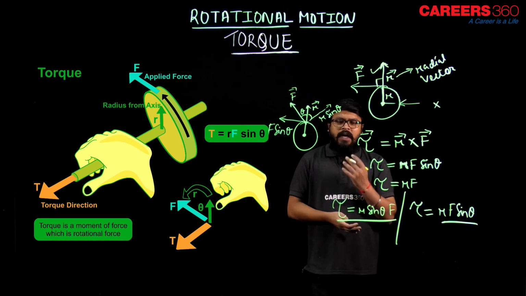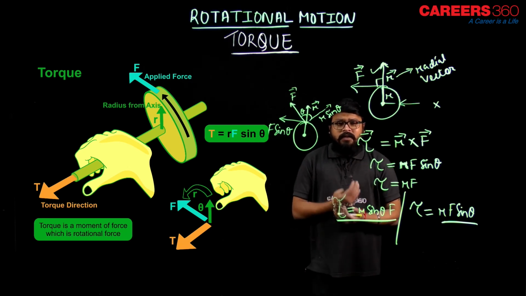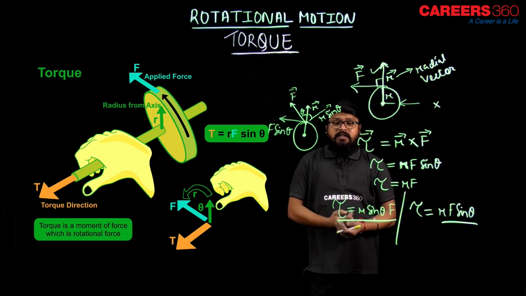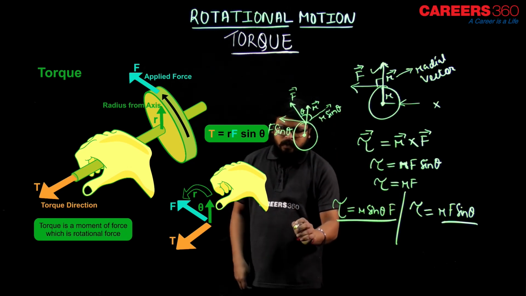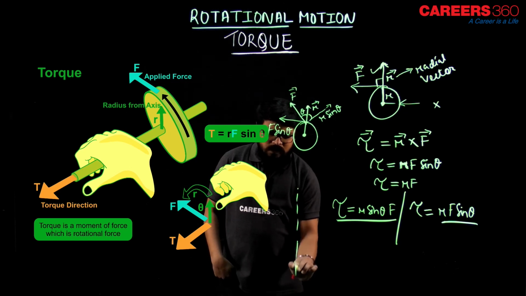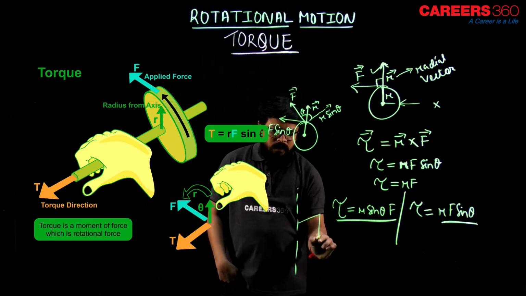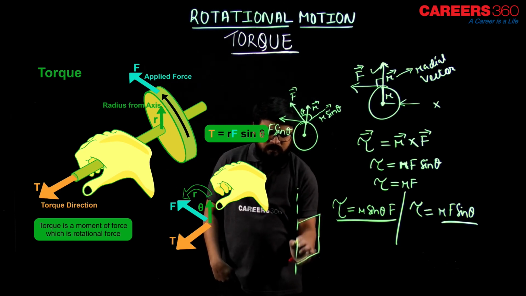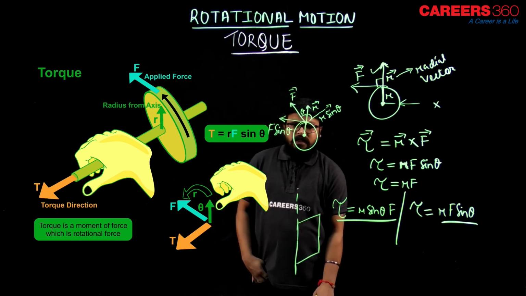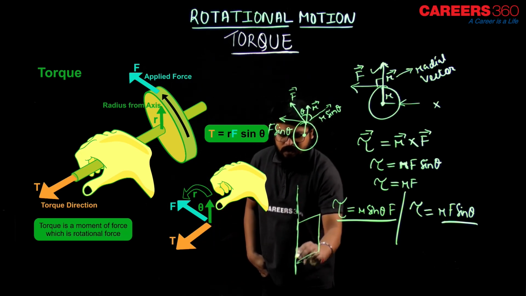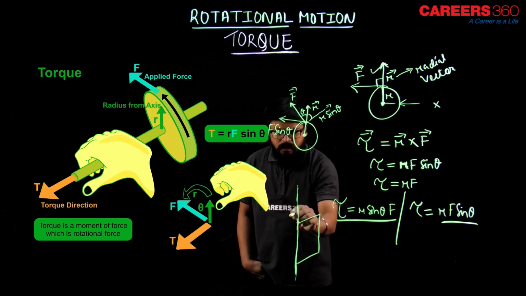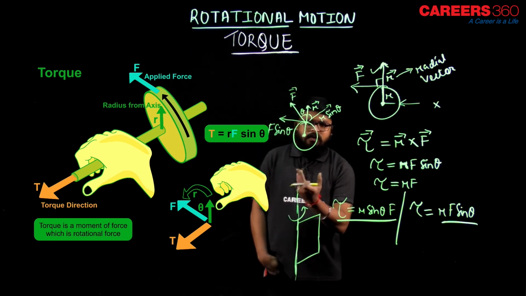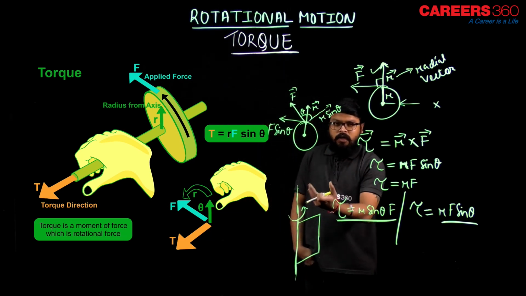Now let me give you one more daily life example, that is the door. You know that the door is attached or fixed at one end, isn't it? So this is the axis of rotation. This is the hinge of the door, about which the door rotates when it moves either inward or outward.